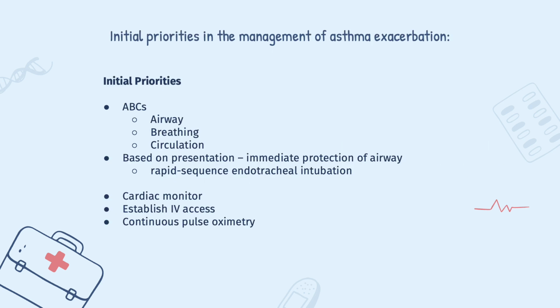So our initial priorities in the management of asthma exacerbation. Our first approach is always going to be our ABCs. Again, if they're talking, that's a good sign. Really basing it on our presentation. Do we need to be thinking about immediate protection of the airway?